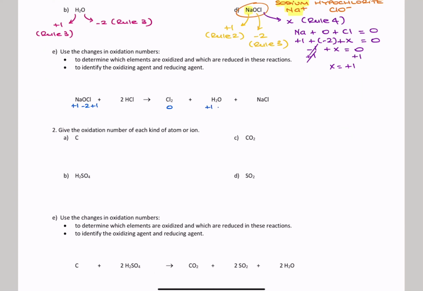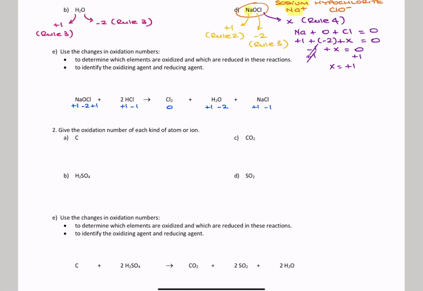Here, H was +1, O -2, NaCl +1, -1. We still need to do HCl because it's something that we haven't done previously. Well, in HCl, it's not elemental, it's not ionic, but we have a specific rule. We know that H is +1, and we know per rule 4 that the sum needs to be equal to 0. Therefore, Cl will be -1, since +1 - 1 equals 0.